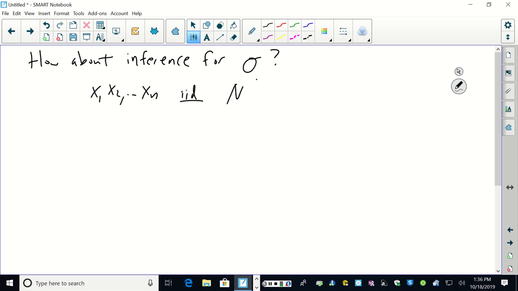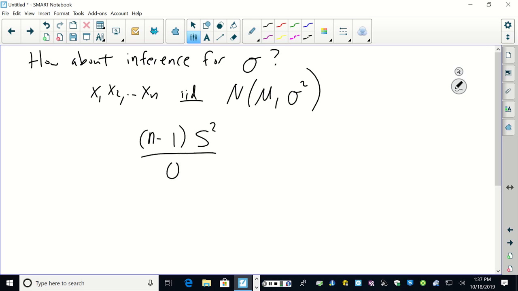Let's pretend that they're normal with mean mu and variance sigma squared. Right? And mu is unknown, sigma squared is unknown. It turns out that n minus 1 times the sample variance s squared over sigma squared is distributed as a random variable called a chi-square.